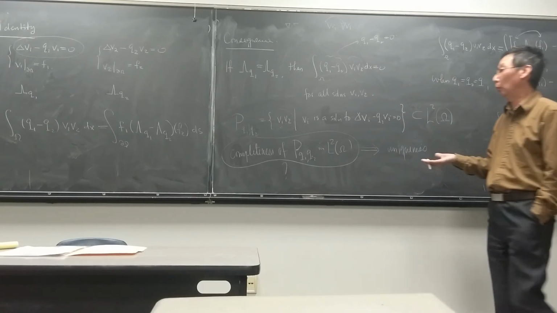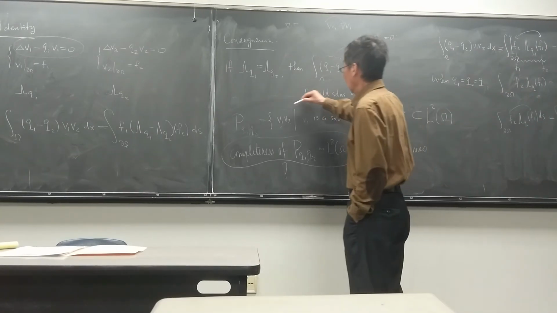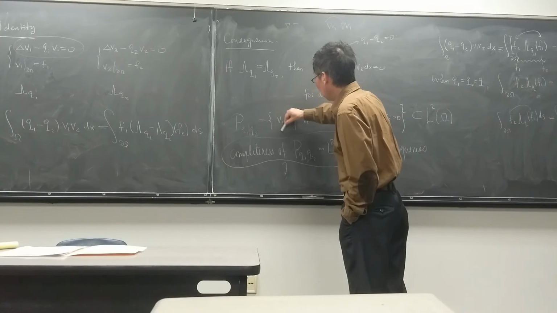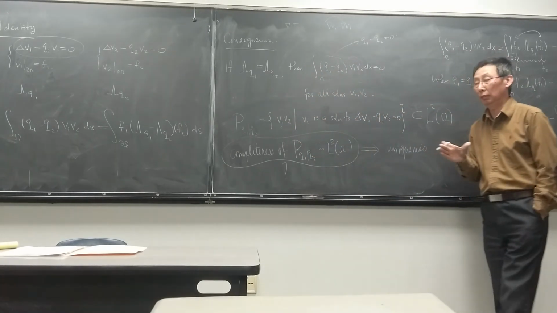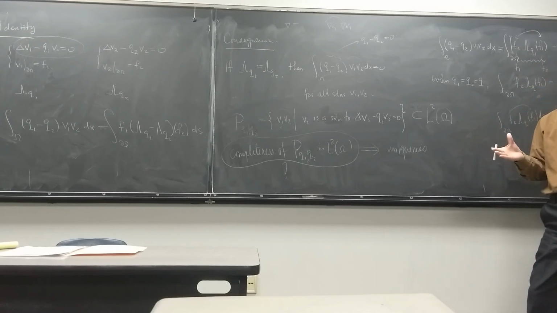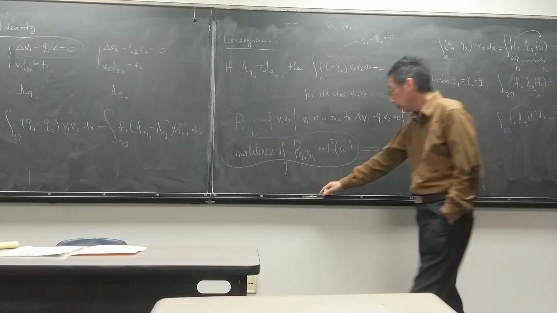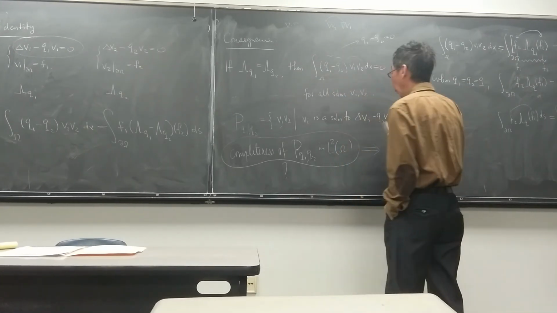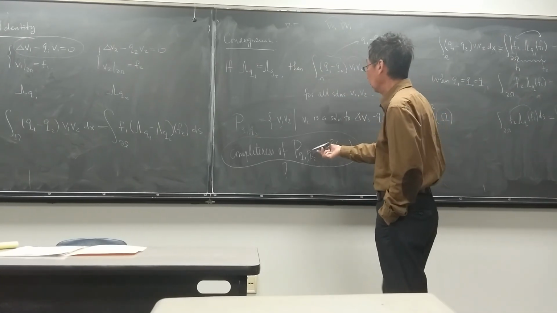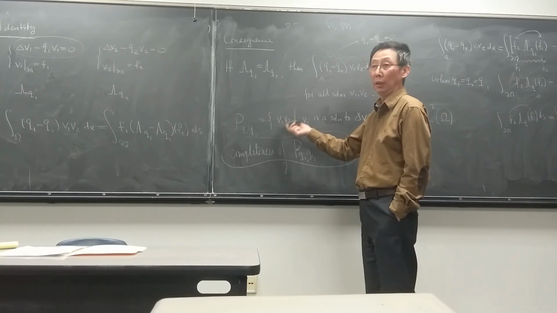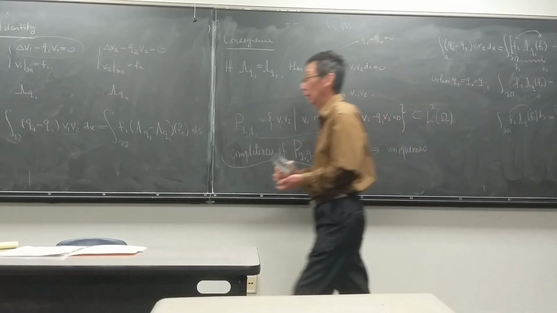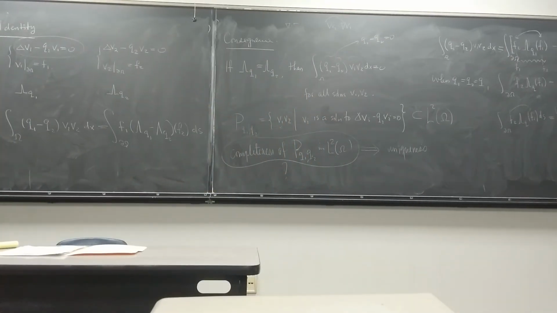But if you want to get information about completeness of products, then you have to use some other unknown information about the solutions. So the way to handle this is to construct what we call the exponentially growing solution to the Schrödinger equation. This is the next thing to introduce.